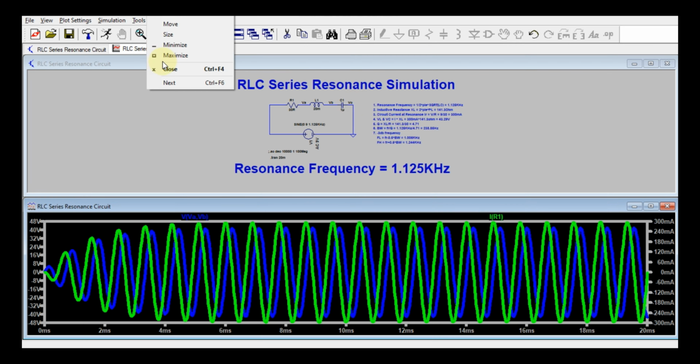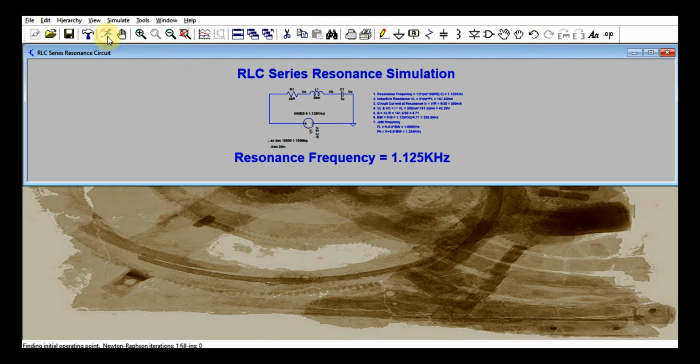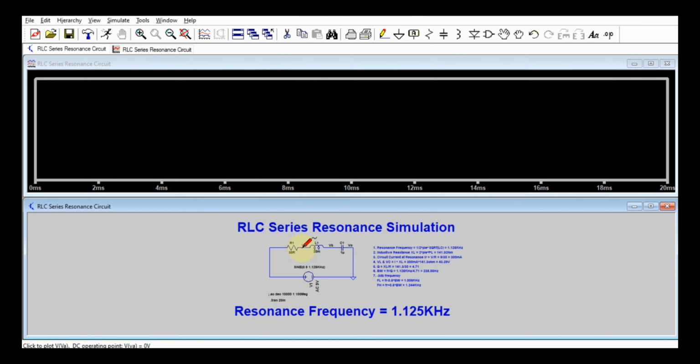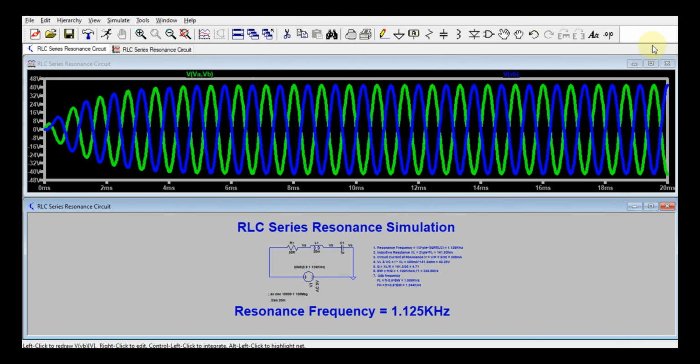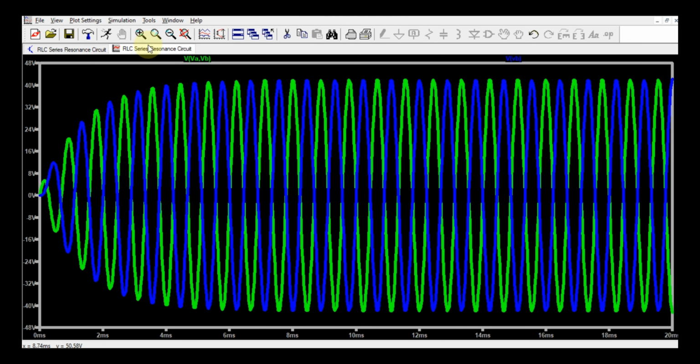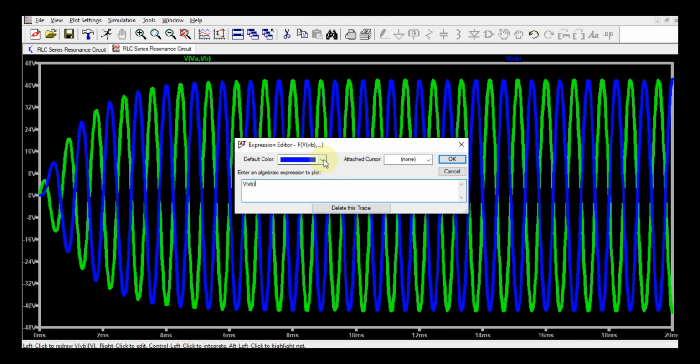So I will close this, run the simulation again, and show the voltage across the inductor and the voltage across the capacitor. Okay, that is very good, that is very good. You may change the color for this.